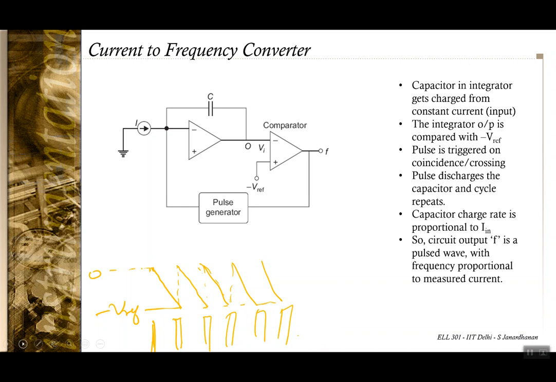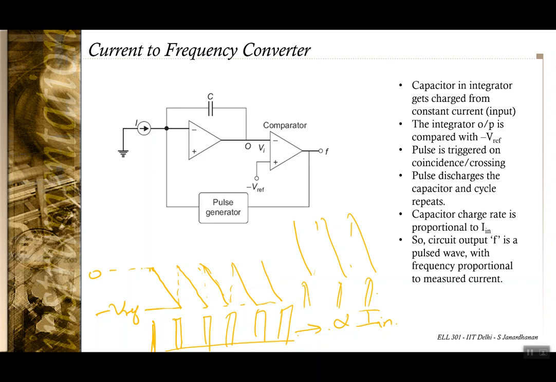so now what is happening is that the capacitor charge rate is proportional to the input current IN, and the frequency of this pulse that is produced is proportional to the current IN, because if IN is larger, this slope will be larger, so the pulses will appear more closely, so the frequency increases.